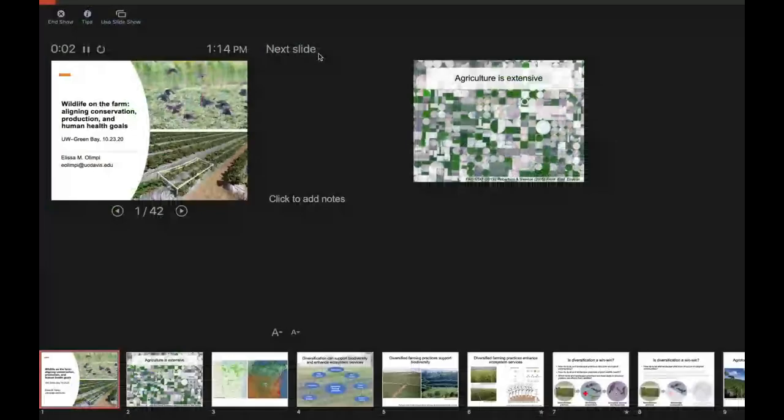Okay, what are you guys seeing now? Tiny little slides. Yeah. It looks like the presenter mode slideshow. We're seeing small slides. We're seeing the presenter mode, I think.